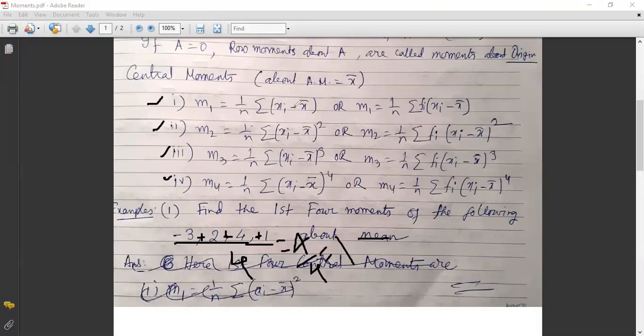Then take the difference from each of the values. That is, the mean is this. We have to calculate what is M1 for this case.